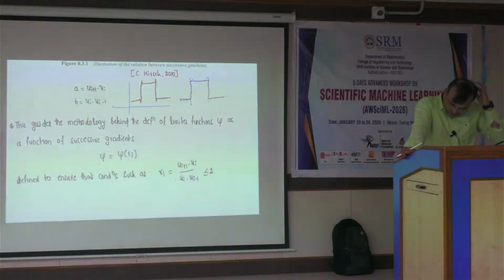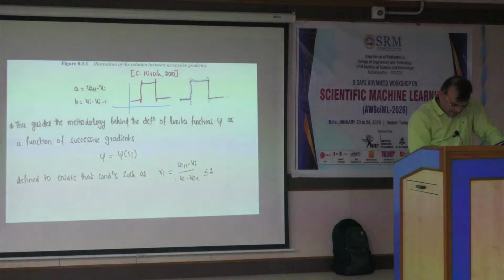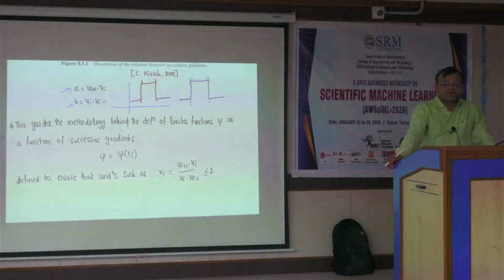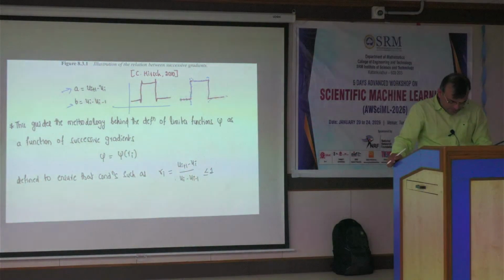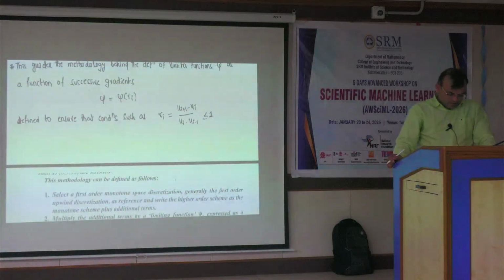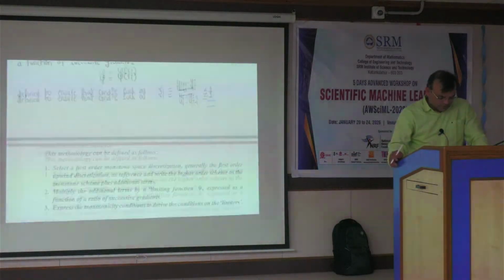Now if you define a as u_{i+1} minus u_i and b as u_i minus u_{i-1}, these are two consecutive slopes or successive gradients, and the first condition is that this ratio should be less than or equal to 1.